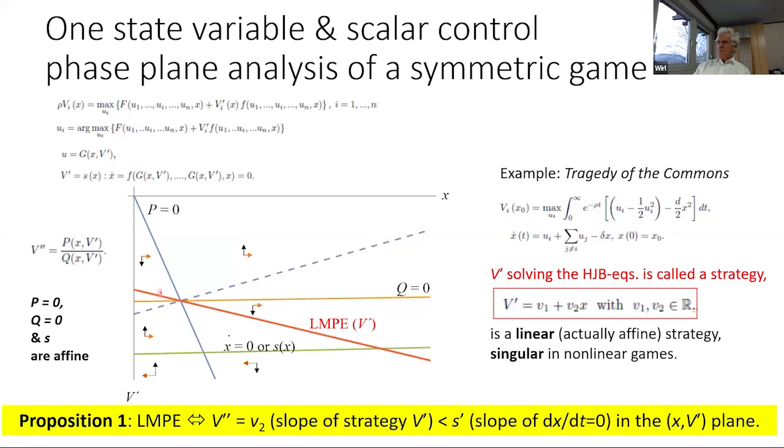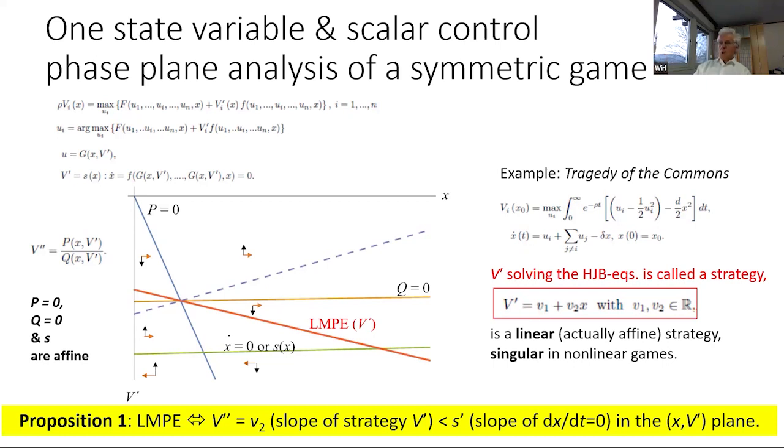So if we have a linear strategy, of course, the value function must be quadratic. So I call subsequently V prime a strategy, although we know the strategy u_i will be a linear function of V prime, okay?